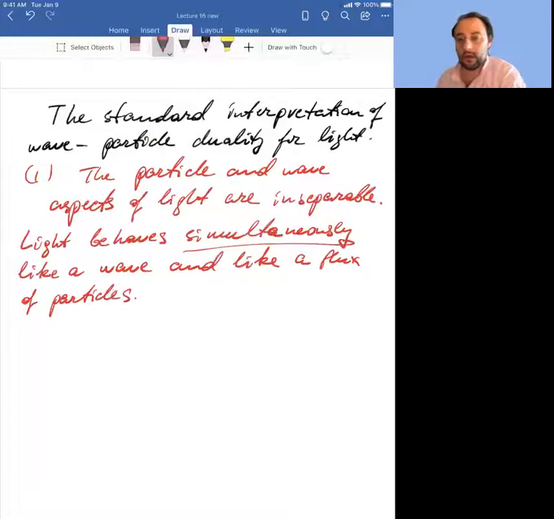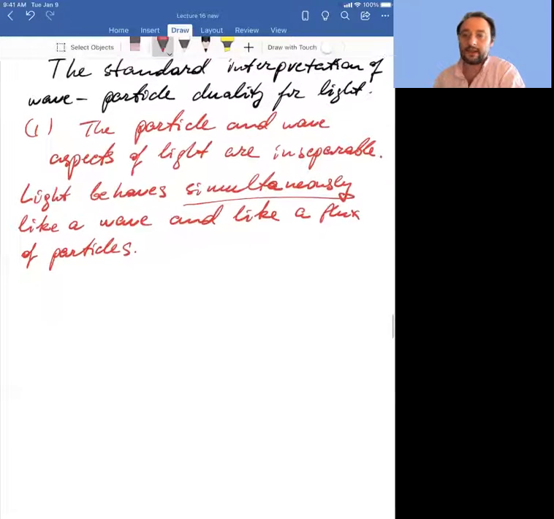Everything that I set up now fits this duality viewpoint of quantum aspects of light.